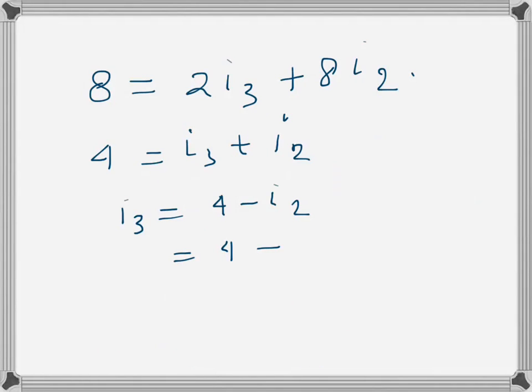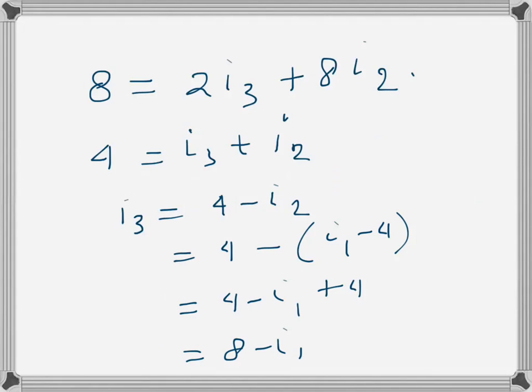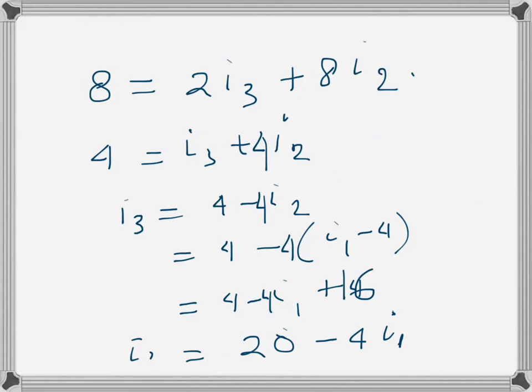Sorry, there has been a mistake. The equation is 8 is equal to 2I3 plus 8I2, which is 4 is equal to I3 plus 4I2. So I3 is 4 minus 4 times I1 minus 4, which is 4 minus 4I1 plus 16, so 20 minus 4 I1. So that is I3 in terms of I1.